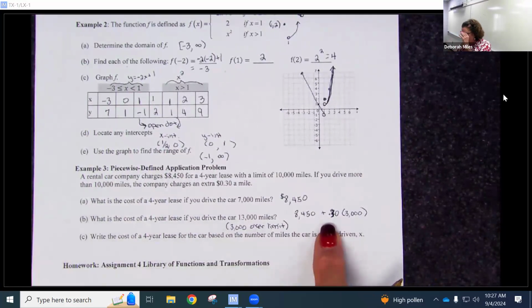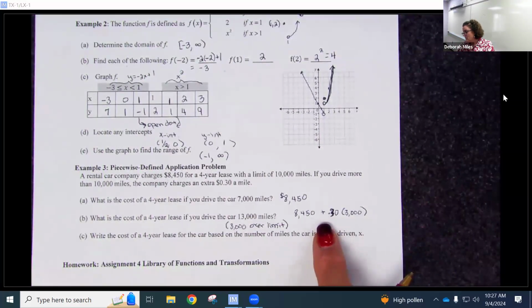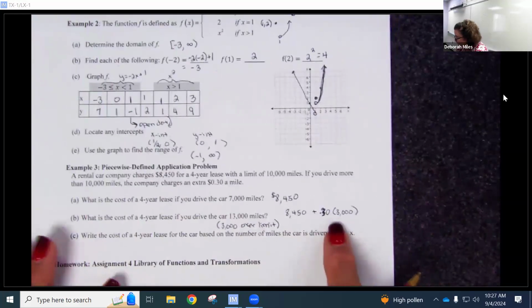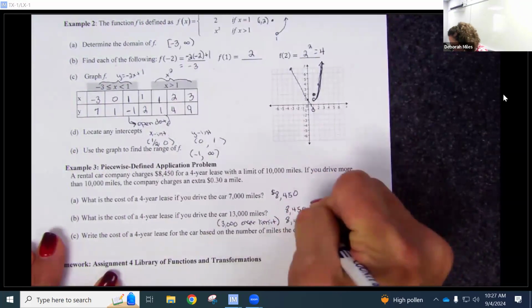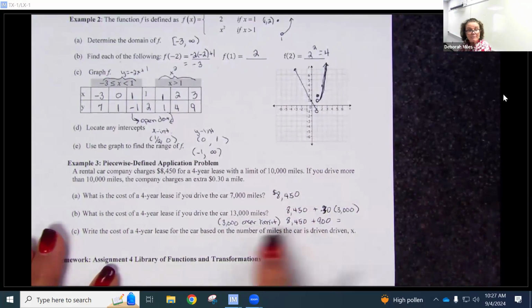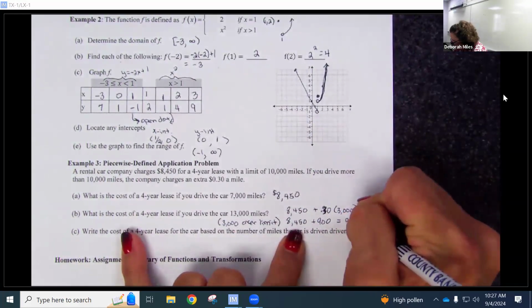So your mileage charge would be $900. 30 cents times 3,000 is 900. In other words, if you drive 13,000 miles, you're going to have to pay $9,350.